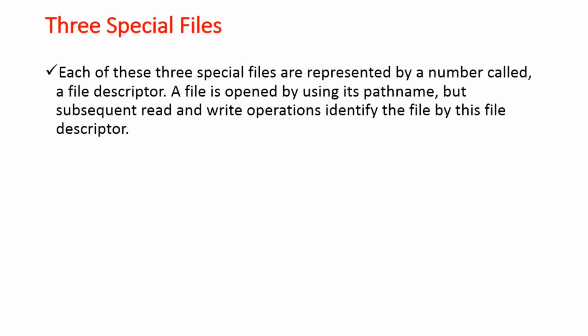Once the file is opened, there will be one index, called a file descriptor, that points to the file. That file descriptor is used for reading and writing the file. So you need to use this index, the file descriptor, to read and write.